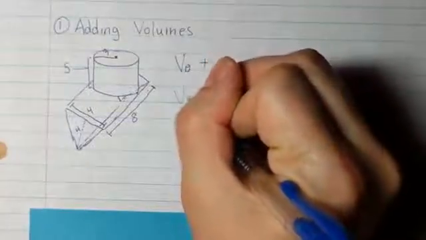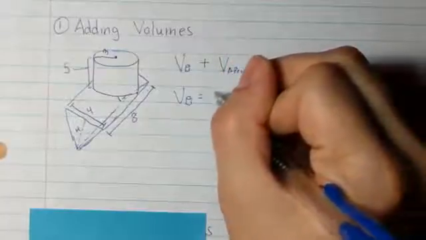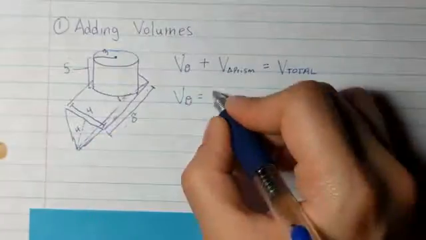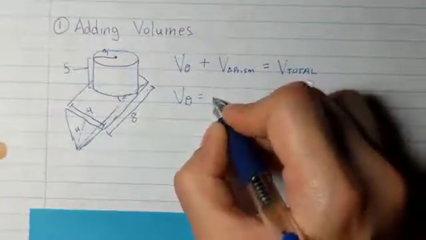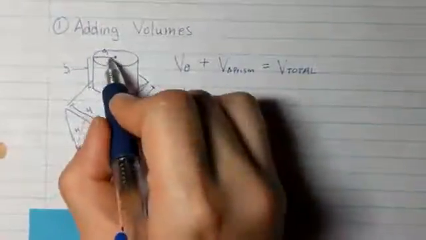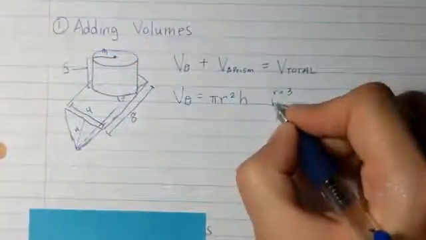The volume of the cylinder, we know, is area of the base, the circle base, times the height. So it's pi r squared h. And in this case, it looks like our r is 3 and our h is 5.